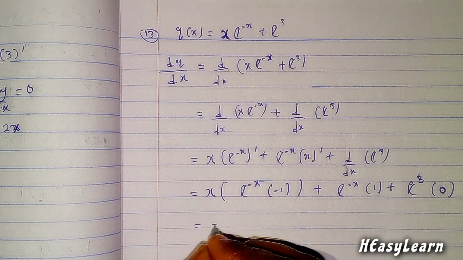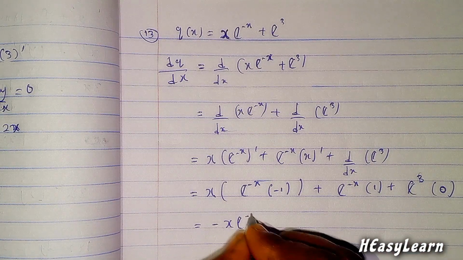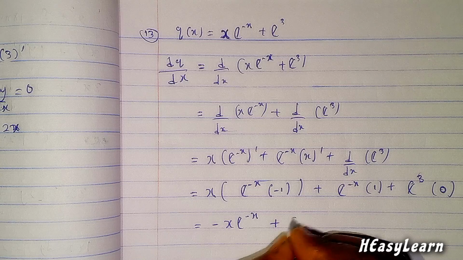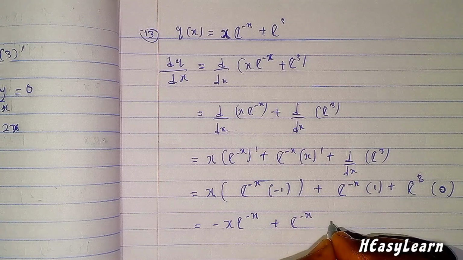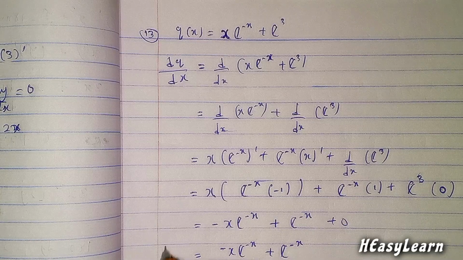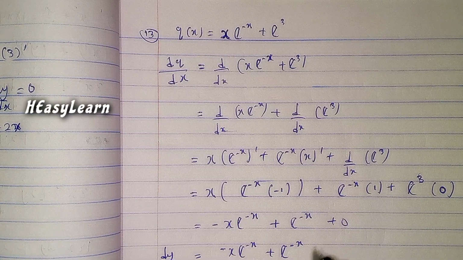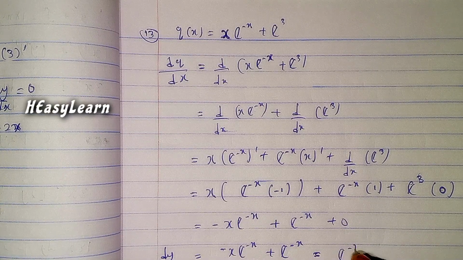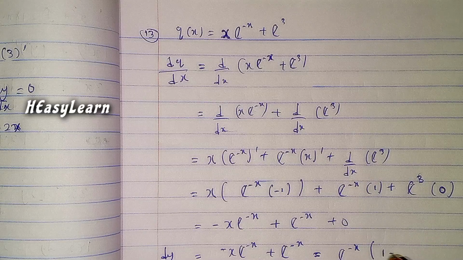This is minus x exponential minus x plus exponential minus x plus 0. So the derivative of this function is minus x exponential minus x plus exponential minus x. It can be simplified as exponential minus x is common, 1 minus x.